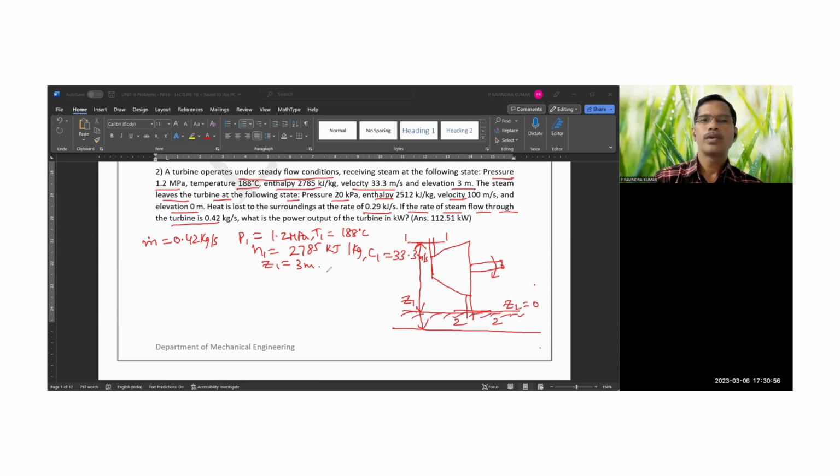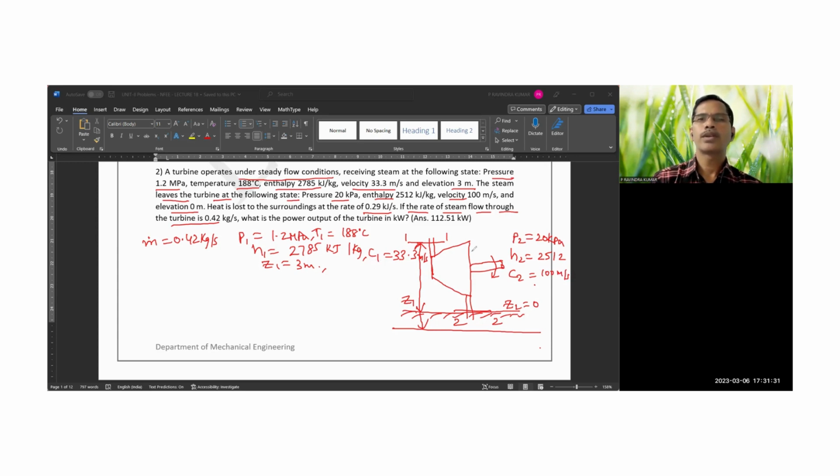Again here also write down the pressure at which the steam leaves the turbine, which is 20 kilopascal, and the enthalpy H2 is 2512 kilojoule per kg. Velocity C2 is 100 meters per second, and the elevation is 0.